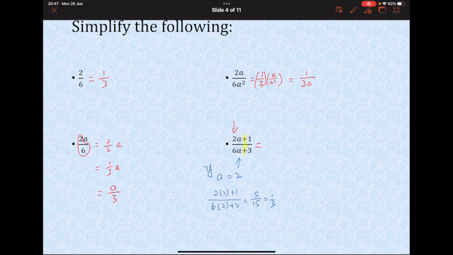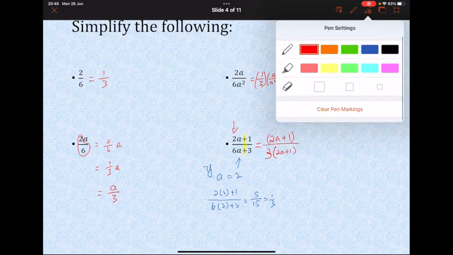Now, 2a plus 1, there's no common factor between 2a and 1, so I can't do anything. Leave it as 2a plus 1. Whereas 6a plus 3, the highest common factor is actually 3. So if I take the 3 out, I've got 3 times 2a plus 1.